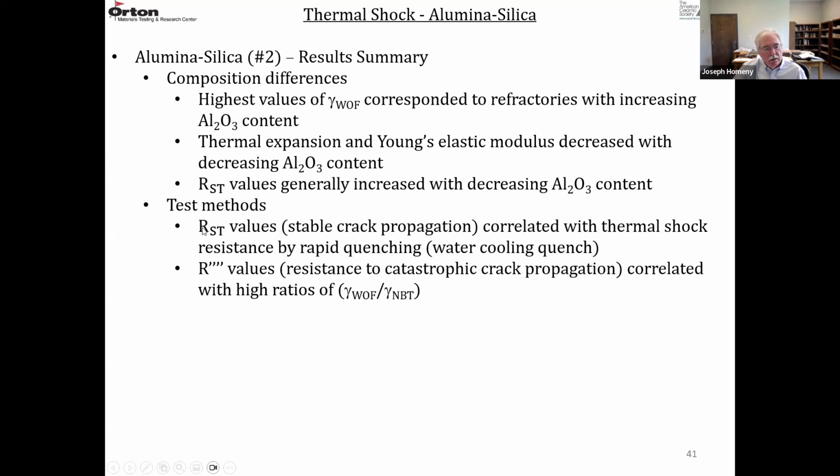So basically, they're saying that any of these aluminosilica refractories with high RST values or high ratios of the work of fracture to the notch beam technique exhibited superior thermal shock resistance.